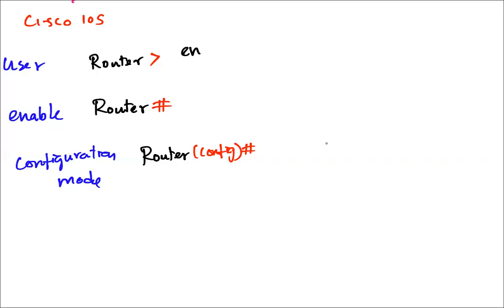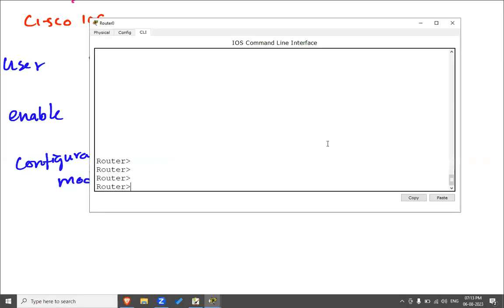The next shortcut I wanted to say is when I say EN. Listen to me keenly, guys. This is very important. If I type EN, will the router know that I'm referring to the enable command?